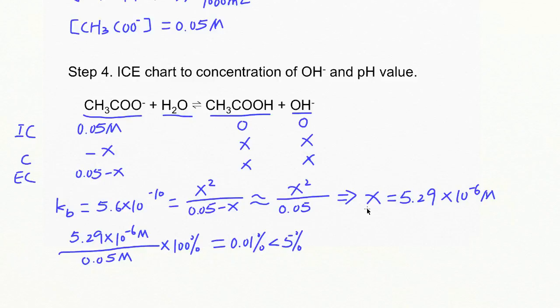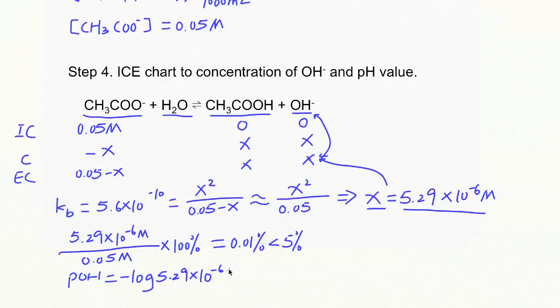Now, when you look at this, x is this much, and the concentration of the hydroxide is x. So if you take the negative logarithm of x, that is the pOH value. 5.29 times 10 to the negative 6 mole per liter equals 5.28.